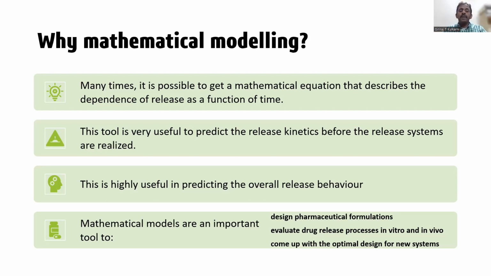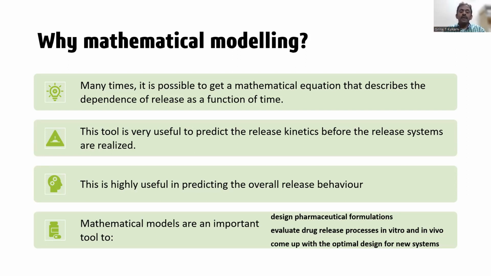Now, let us see why mathematical modeling. Most of the time, a mathematical equation can be obtained which describes the dependence of release as a function of time. This tool is very useful to predict release kinetics before the release systems are realized. This is highly useful in predicting overall release behavior, and for comparison also.